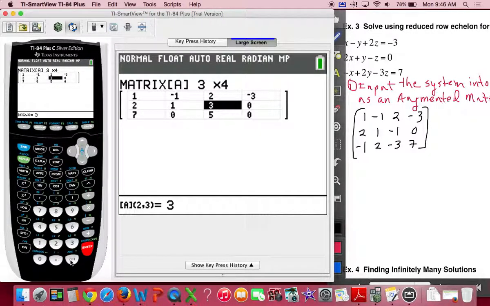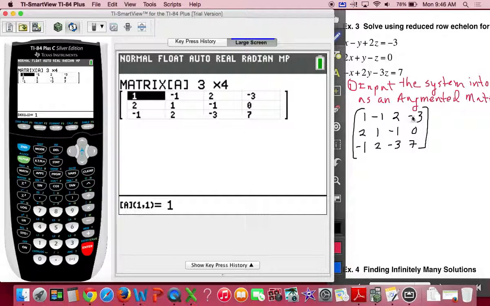Did you find it? So these matrices here should look identical. I'm going to wait till everybody's input that.